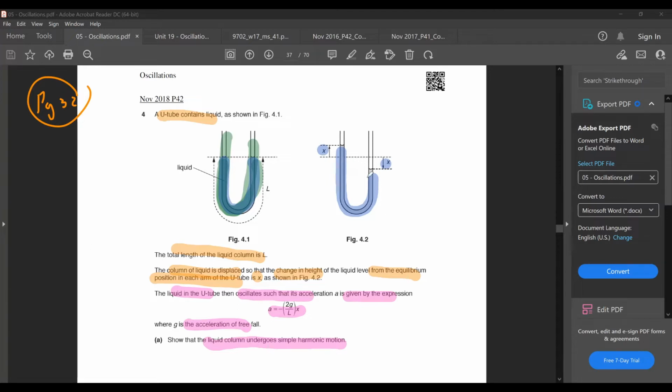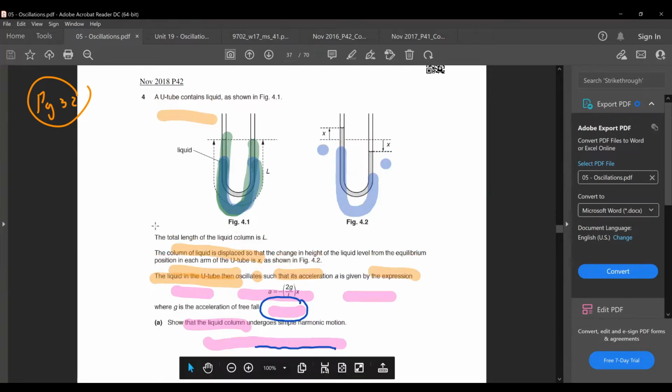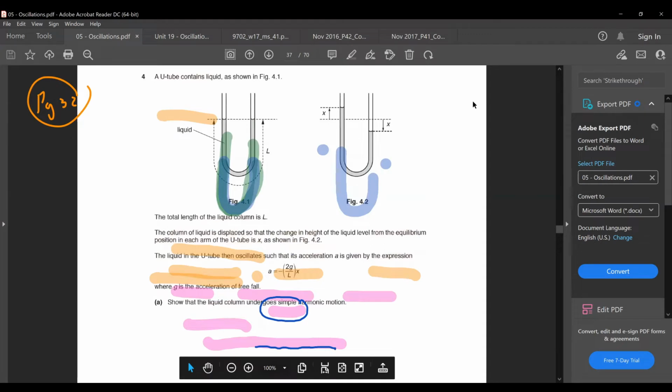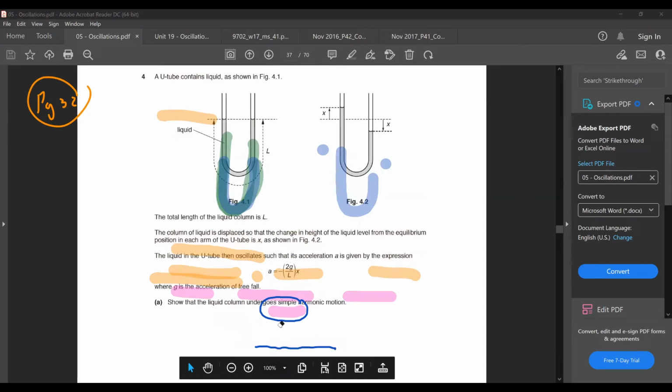So the equation to represent the oscillation of the U-tube is this one. Your question here isn't really asking you to calculate something, but rather to show that the liquid column undergoes simple harmonic motion. So this one is not really related to what I just mentioned because it doesn't involve calculation.